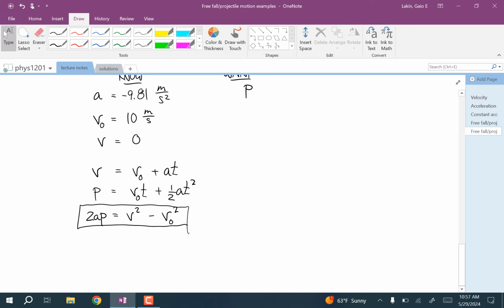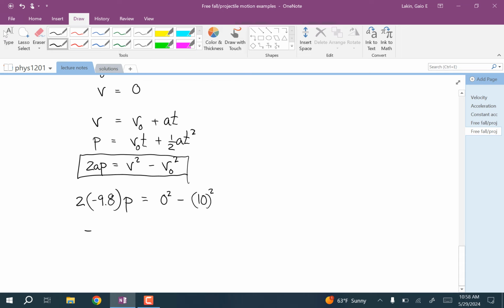So if we plug this stuff in, we get 2 times negative 9.8 times P. I guess in this class I'm using 9.8. And that's equal to 0 squared minus 10 squared.